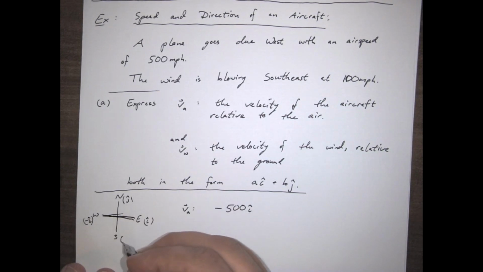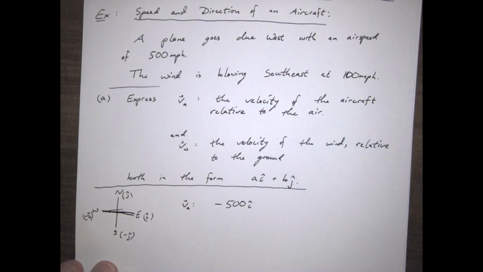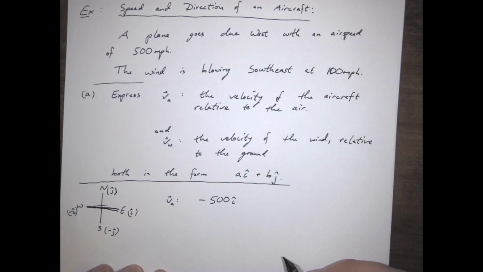So the compass, if we translate it into i's and j's, east is just going to be i, west will be negative i, north will be j, south will be negative j. So we can do that straightforwardly. The angle is 180 degrees, which is nice, and so we don't need to do anything too crazy there.